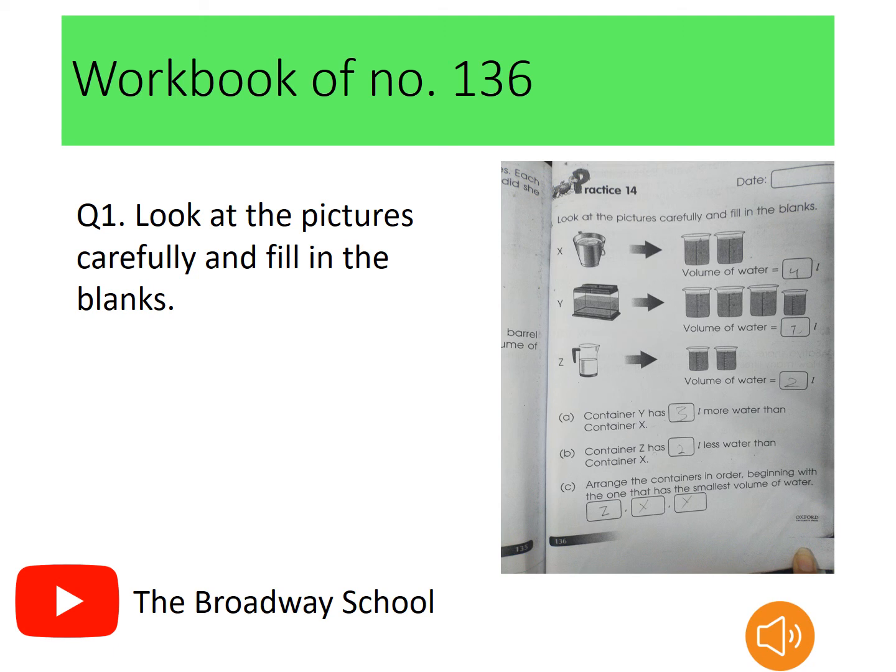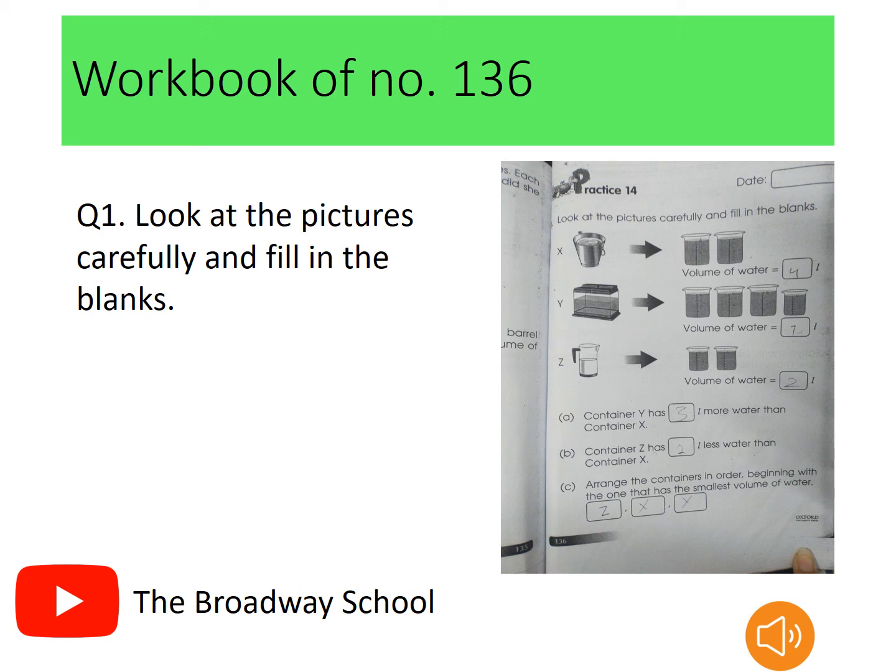Move on part B. Container Z has dash liter less water than container X. First you need to see container Z, how much volume of water it has, 2 liters, and container X has 4 liters. So 2 liters less water than container X. So part B answer will be 2.